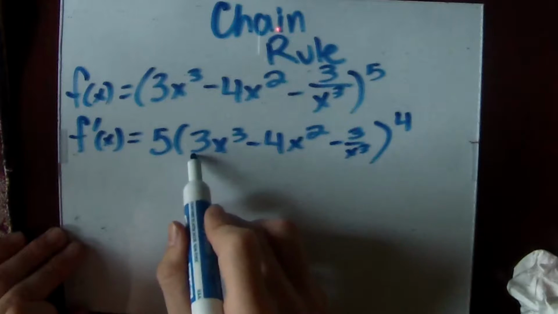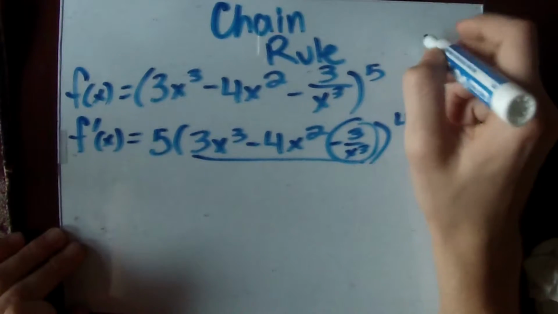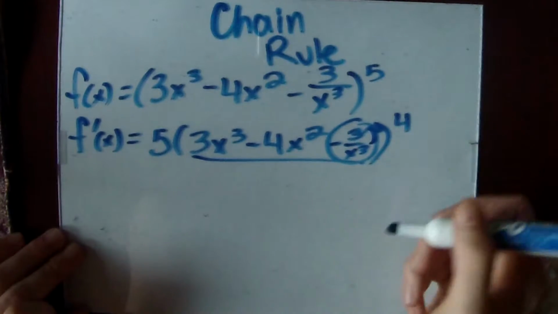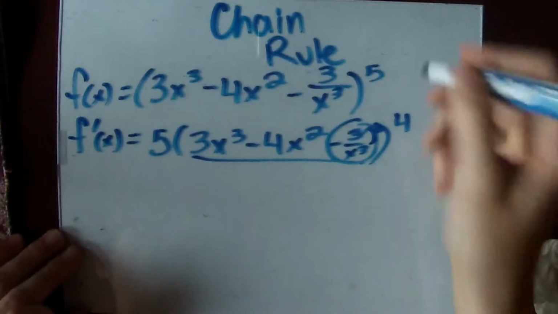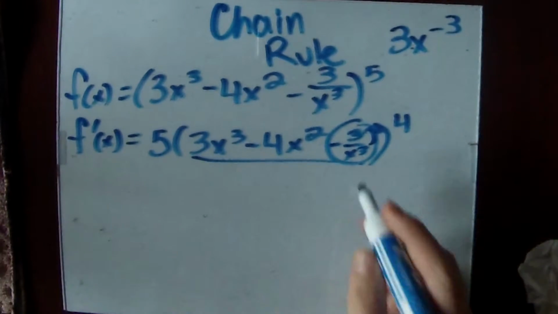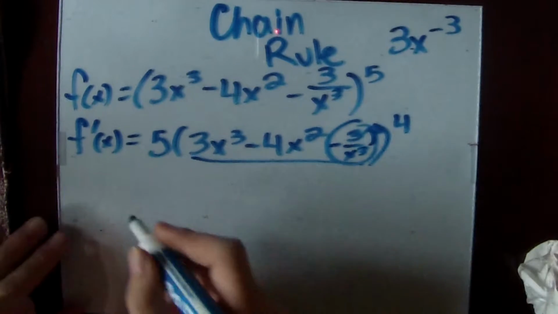So before we can take the derivative of this function, we're going to have to simplify this. So to simplify it, we can move x cubed up there, but we have to take the inverse. So it would be 3x to the negative third. So instead of a positive exponent, it could be to the negative.